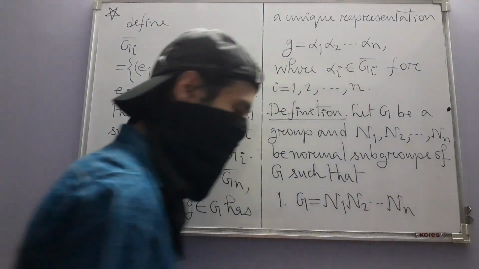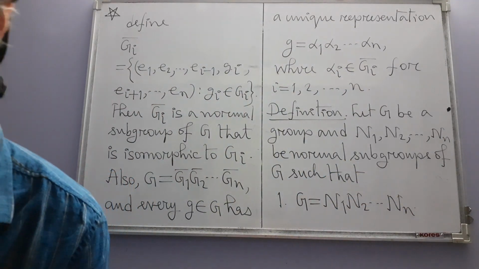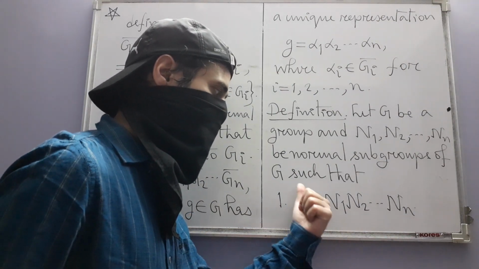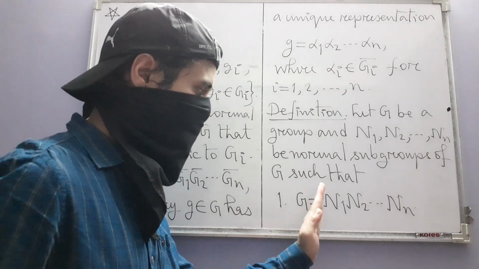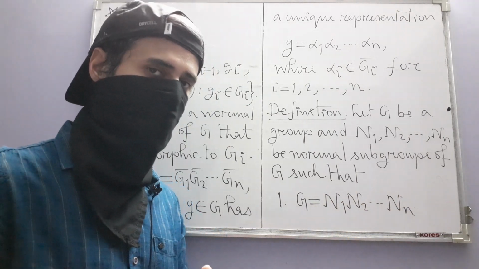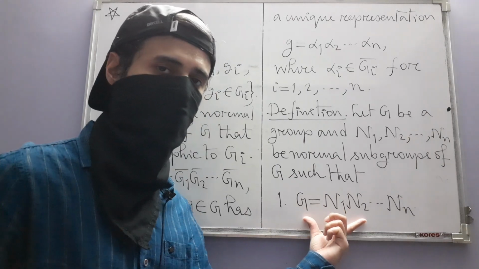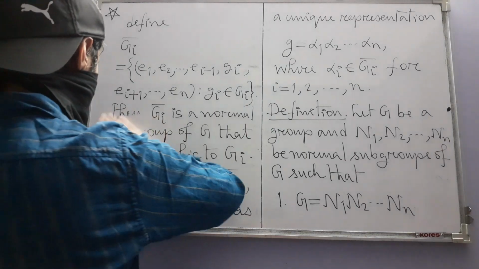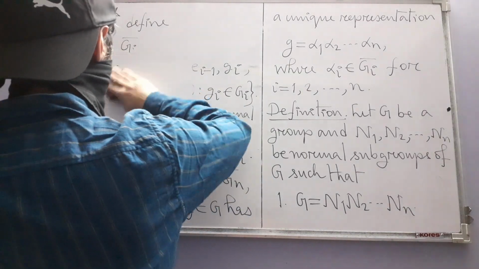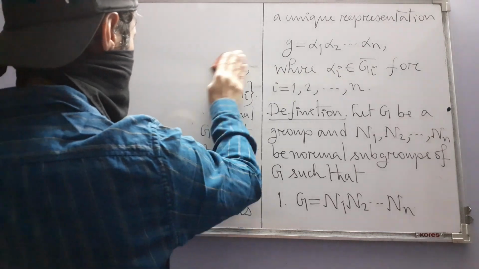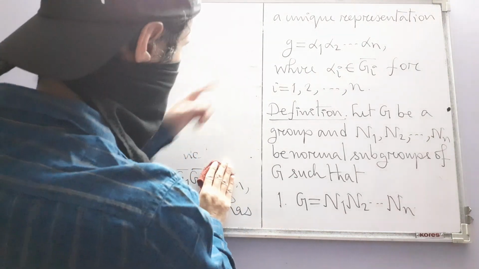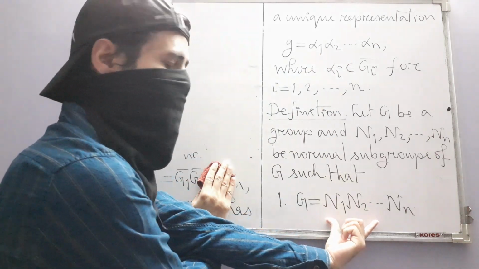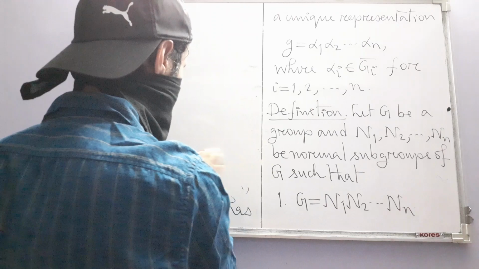And number two, see, the moment we say that G is their product, every element of G has a representation as a product of elements of these subgroups. That is already there in this statement, but that uniqueness part is something extra. For that we have another condition. Existence of a representation of any element of G of this form already follows from here, but uniqueness does not.